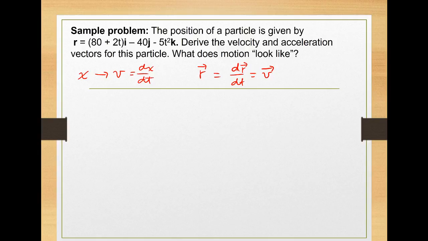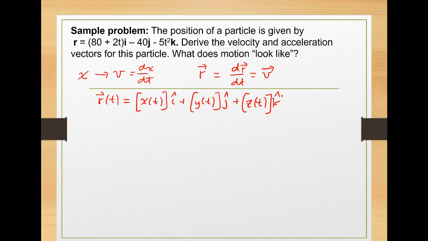Okay, so velocity is now going to have an x, a y, and a z component, and that's the first thing that we should calculate. Okay, and we should also recognize that r of t is made up of x of t times i hat plus y of t times j hat plus z of t times k hat. And that's going to help us understand what the motion is.